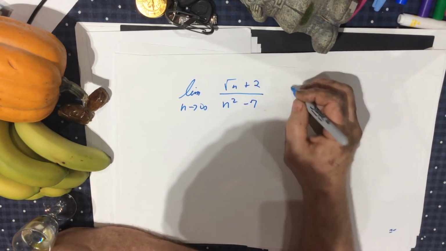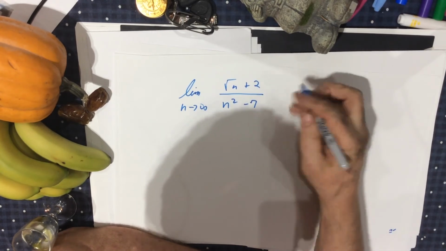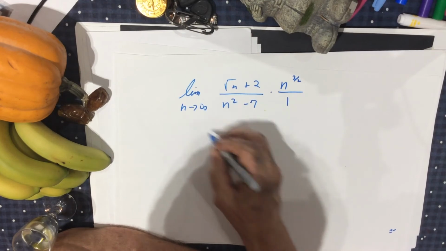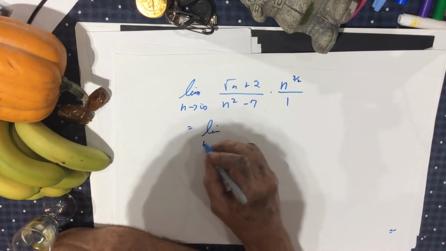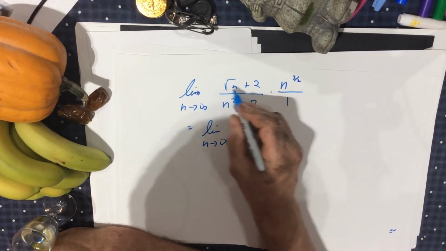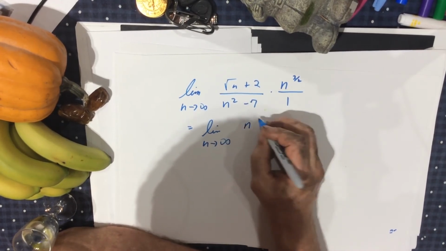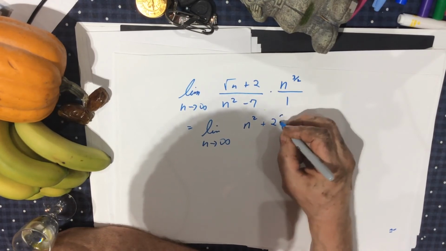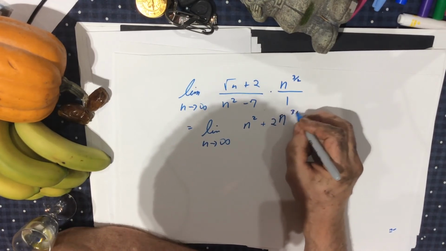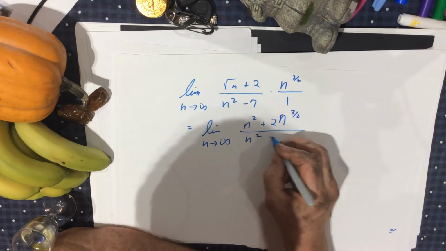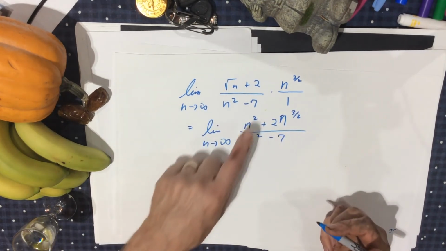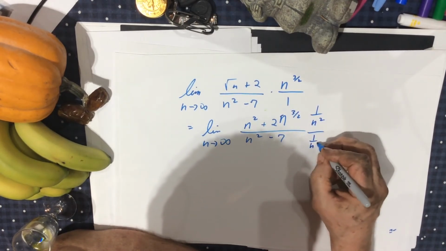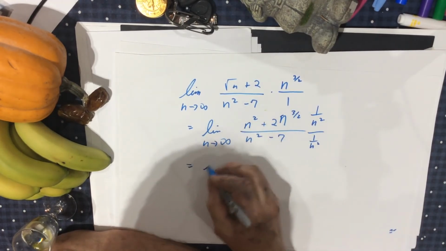I was dividing by 1 over n to the 3 halves, so invert and multiply. n to the 3 halves times n to the 1 half is n to the 4 halves, which is n squared. n to the 3 halves times 2 is 2n to the 3 halves, over n squared minus 7. Now, that's a quadratic over a quadratic, so we use the standard Calc 1 trick of multiplying by 1 over the power of the denominator.